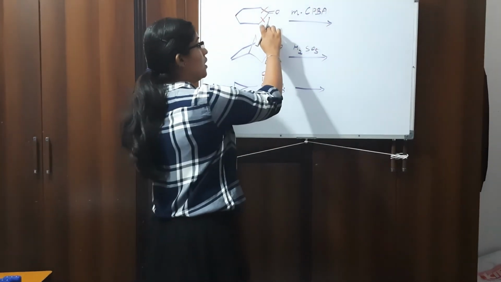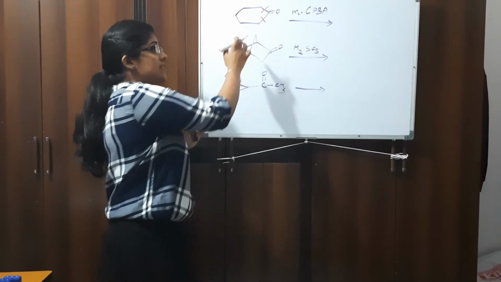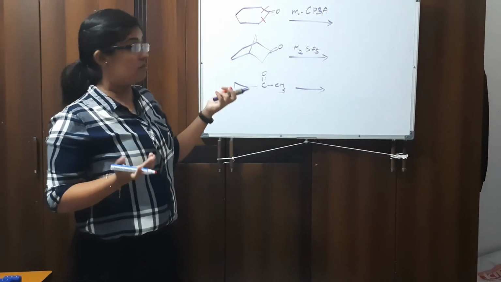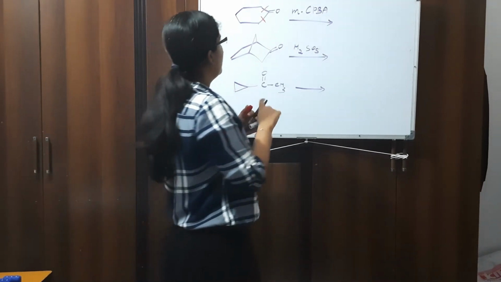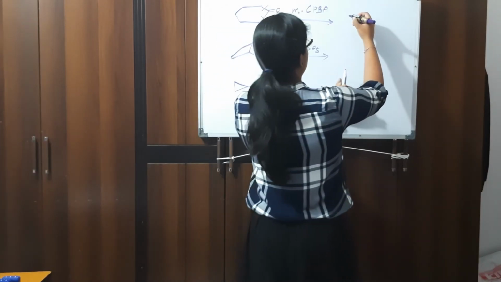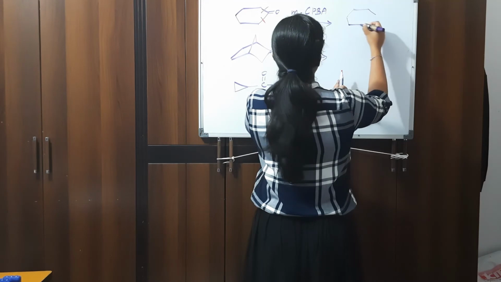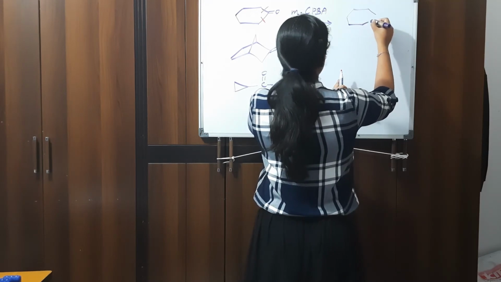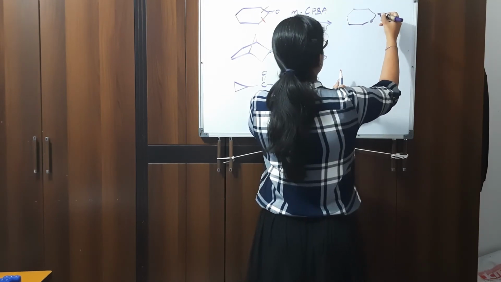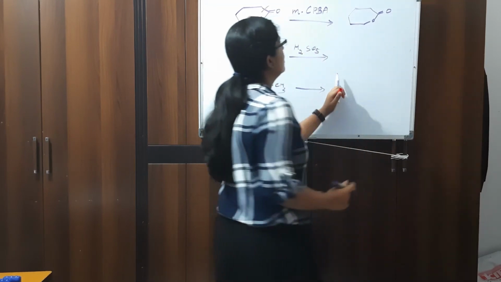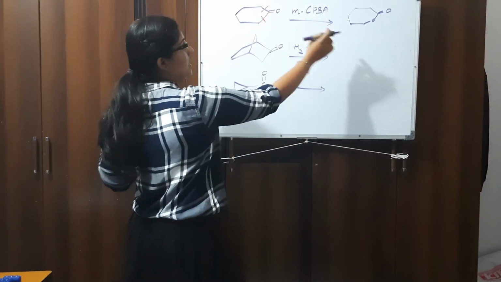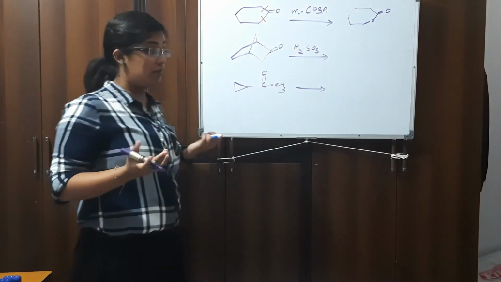But since this system is symmetrical on both sides, it doesn't really matter, and the product is just going to be a very simple thing. An extra oxygen is added. That bond was broken and an extra oxygen group was added there.